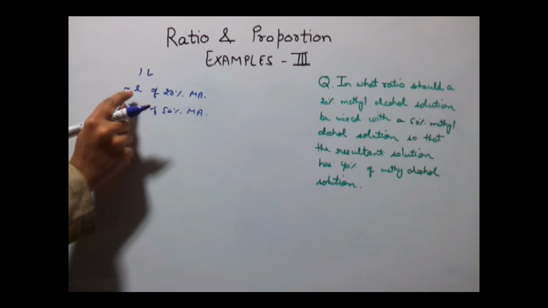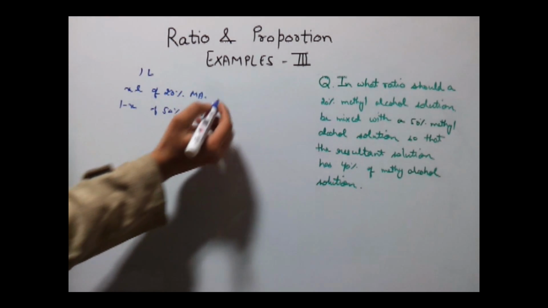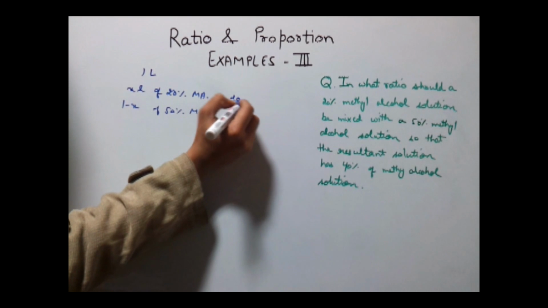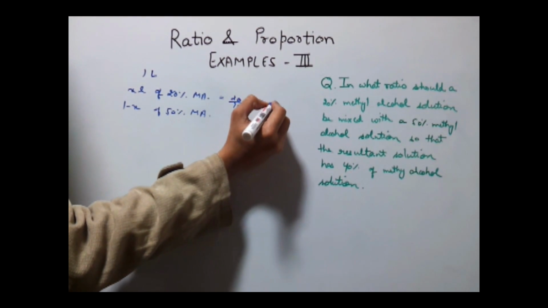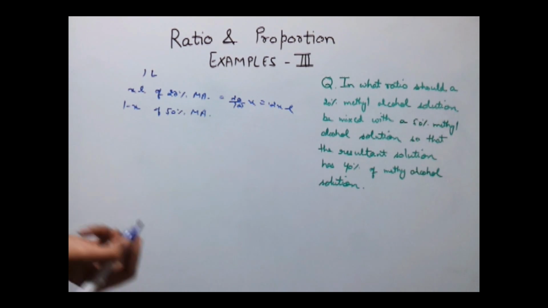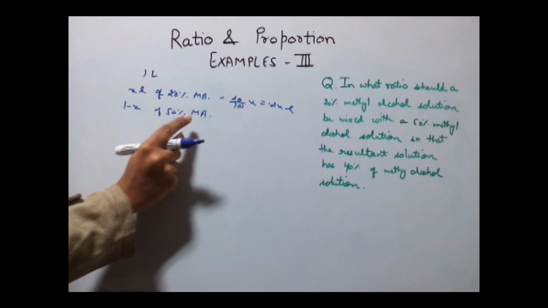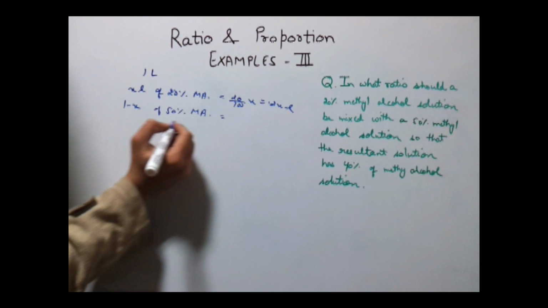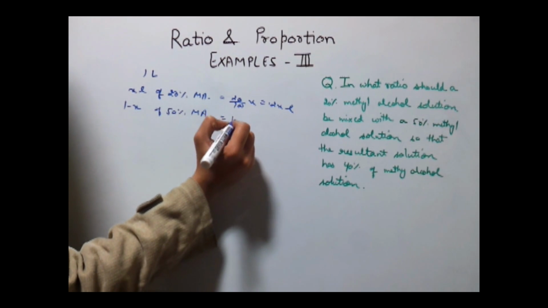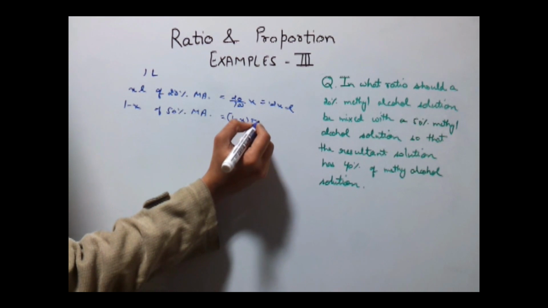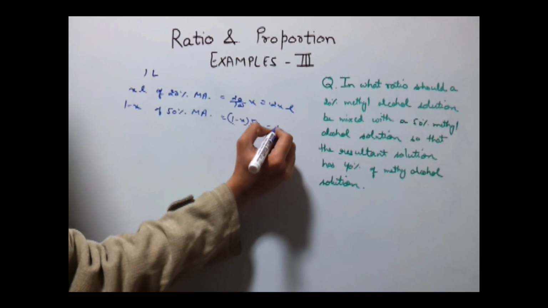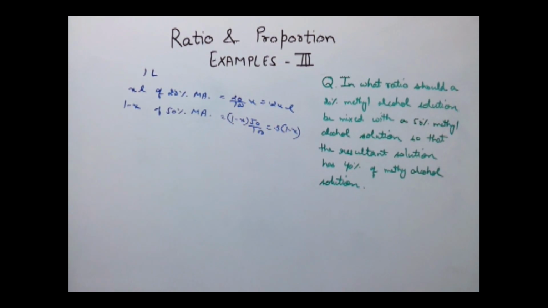Now 20% methyl alcohol solution will contain 20 upon 100 of X liter, that is 0.2 X liters. Similarly, 50% methyl alcohol solution will contain (1 minus X) into 50 by 100, that is 0.5 into (1 minus X).